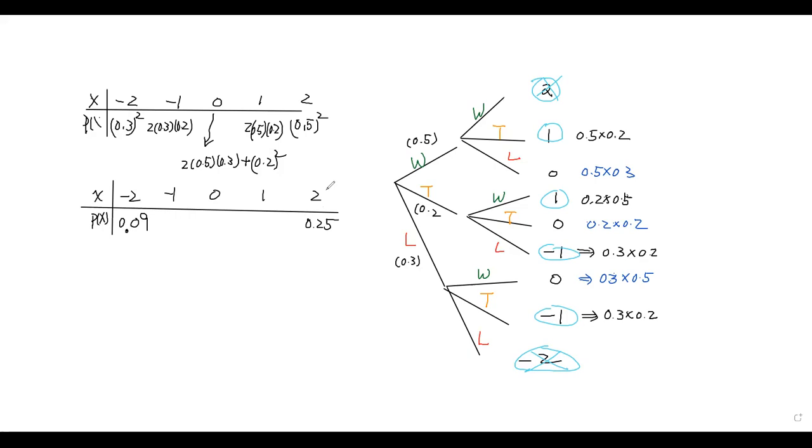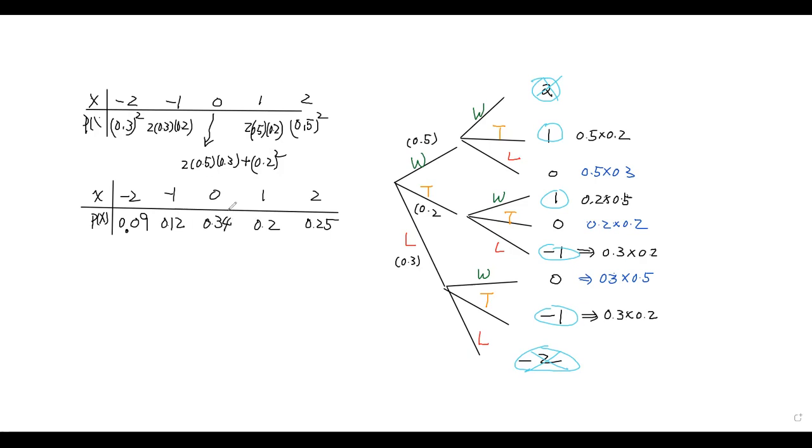Then 0.3 times 0.2 times 2 gives you 0.12. And for 1, it is 0.5 times 0.2 times 2, which gives you 0.2. Okay, so the middle one is 0.5 times 0.3 times 2 plus 0.2 squared, which will give you 0.34. Okay, so this is the PMF.